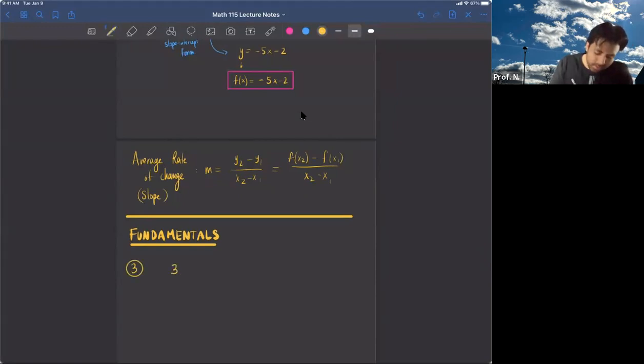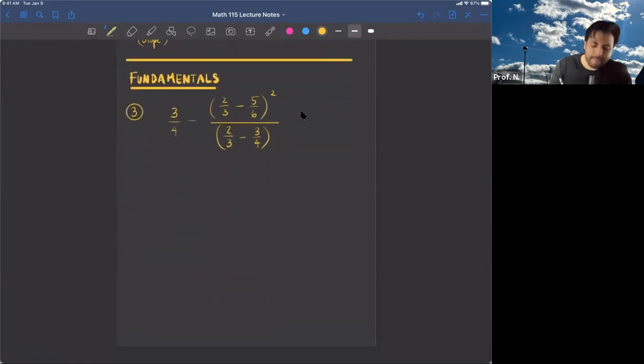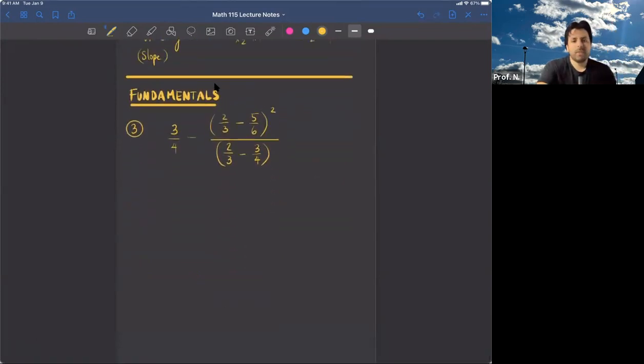Number 3 is 3/4 minus (2/3 minus 5/6) squared, all over 2/3 minus 3/4. Okay, so we have fractions upon fractions upon fractions that we want to see what this equals.